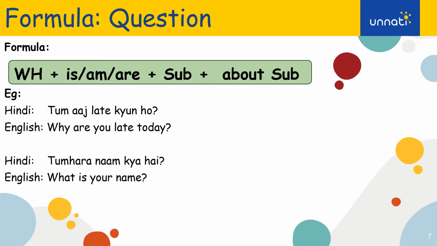Oh, we are going pretty fast. So we have covered affirmative sentences, negative sentences. Now we look at constructing some questions with a state of being verb in it. So this is the formula.